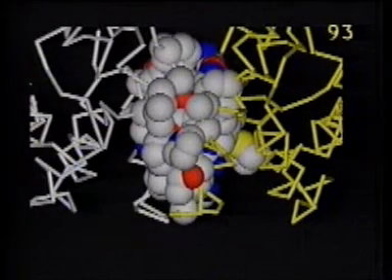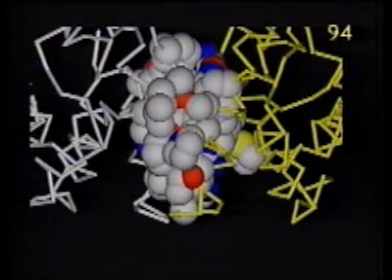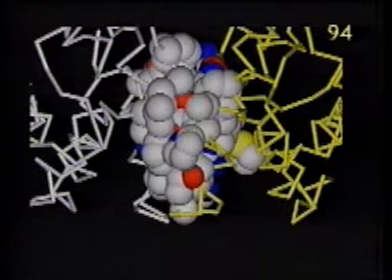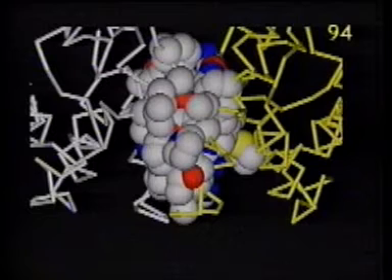The principles involved are just the same as those involved in the folding of the lysozyme chain, which led to a hydrophobic pocket in the middle of the molecule. Here, there is a hydrophobic pocket between two subunits.